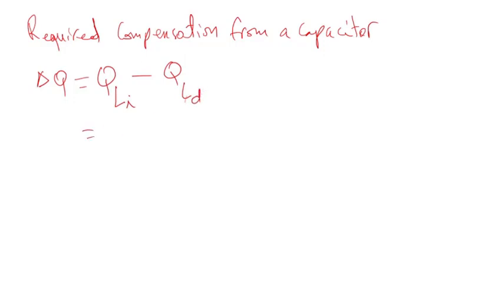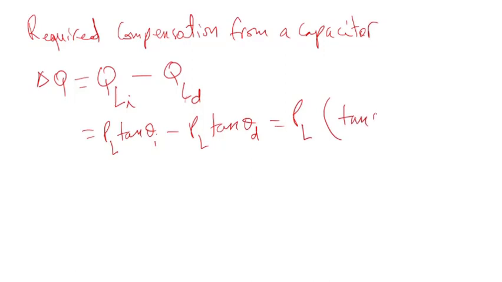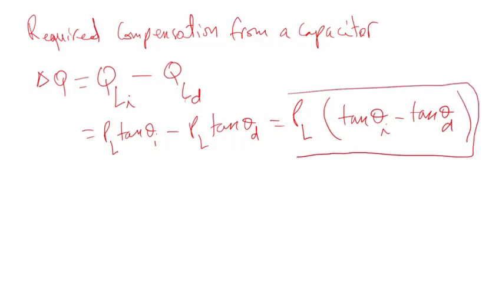And again, from the previous slide, this is equal to PL times tan theta I minus PL times tan theta D. You can factor out PL: that's tan theta I minus tan theta D. So that's the required reactive compensation in order to correct the power factor.